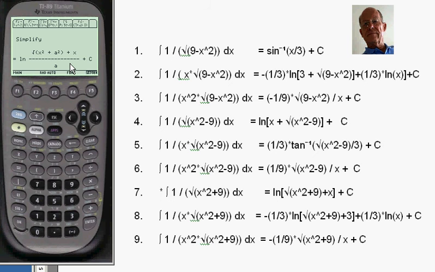We simplify, common denominator here, tighten up the denominator, and using log properties, where in division you have log of the numerator minus the log of the denominator, and plus c1, where c1 is equal to log of 3. So we have our answer, log of square root of absolute x squared plus 9 plus x plus c.